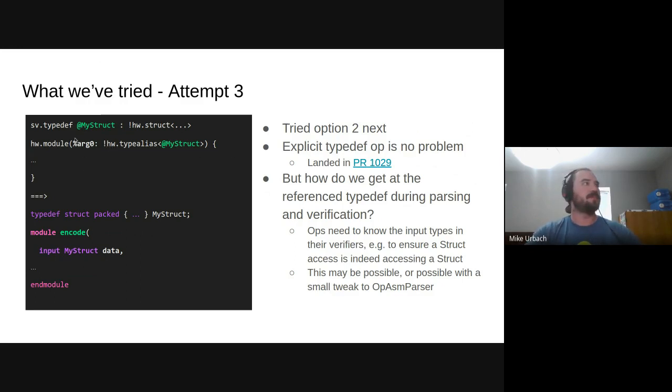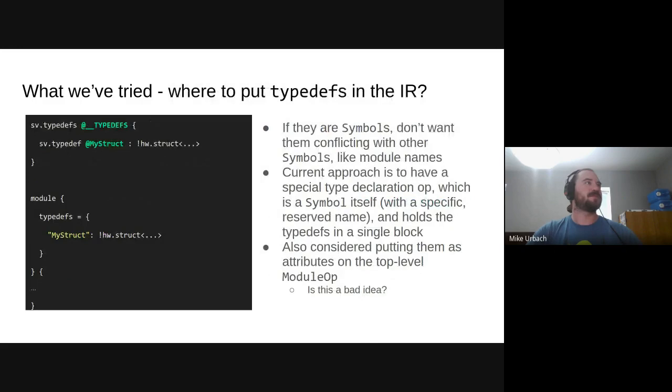And we might be getting conflicts between module names and symbol names of different typedefs. So we decided, okay, we'll come up with one symbol table that can live at the top level and have this kind of unique name that's essentially a reserved name. Nothing else can be named like that. And we'll stuff all our typedefs in here. And we can use some helpers to go look that thing up and dig into it to get out typedefs when we need them.